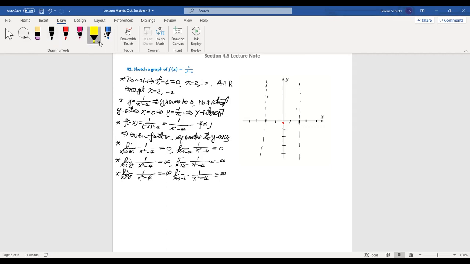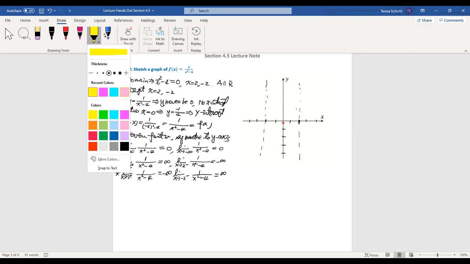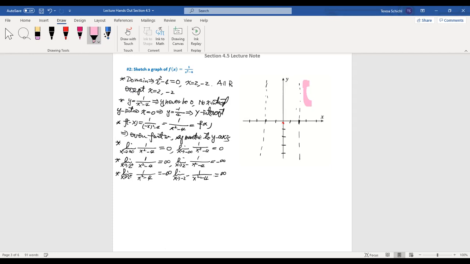Based on these things, let me temporarily mark it. When I approach positive 2, it's going to go like this, and approaching from the other side it's going to go like this. Then approaching negative 2 from the positive side, it's going down here, and approaching negative 2 from the left-hand side, it's going up here.